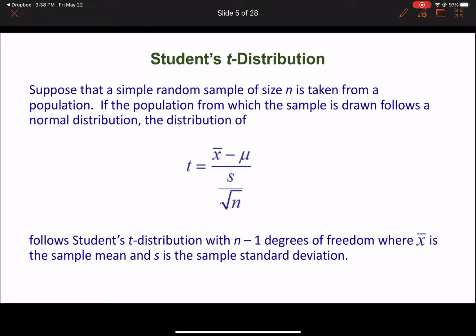We're going to be looking at table 6, which is a T distribution table. That's what we're going to be looking at today. So the n-1 degrees of freedom, we're going to be talking about that. When we calculated a sample standard deviation way back, I don't know, week 1 or 2, we calculated a sample standard deviation. We divided by n-1.